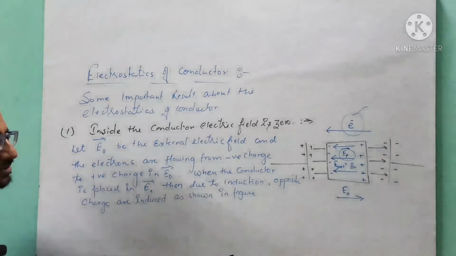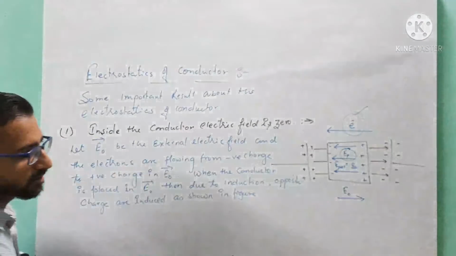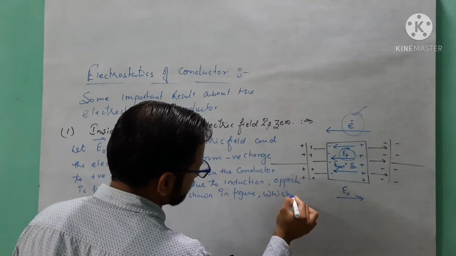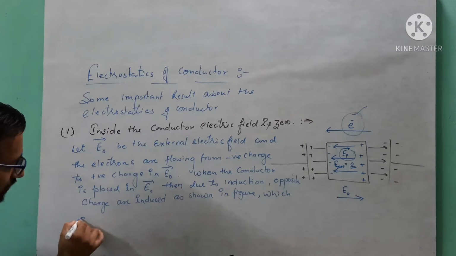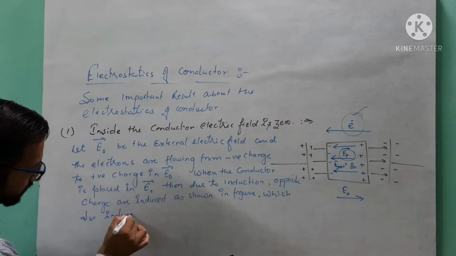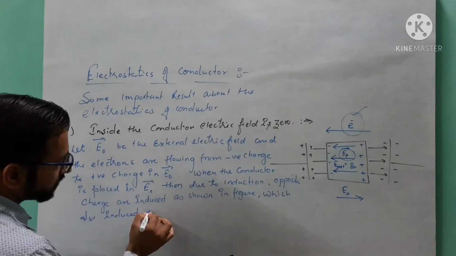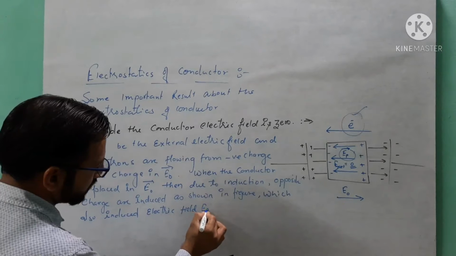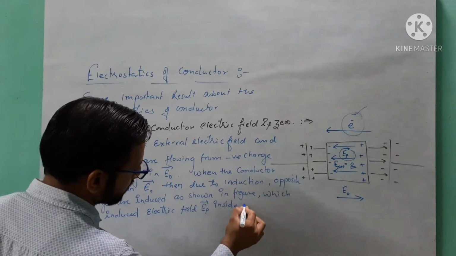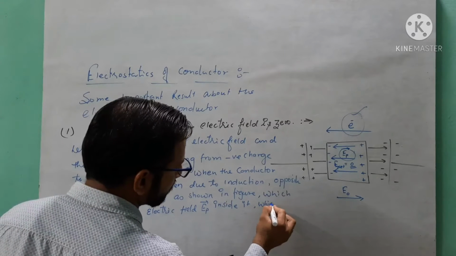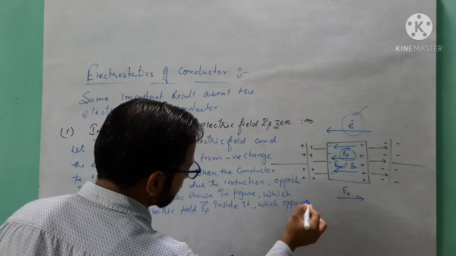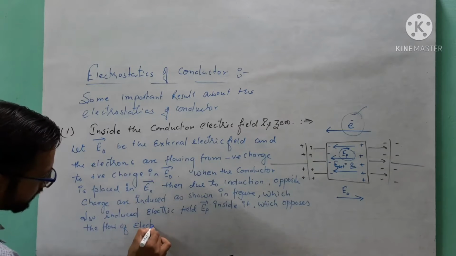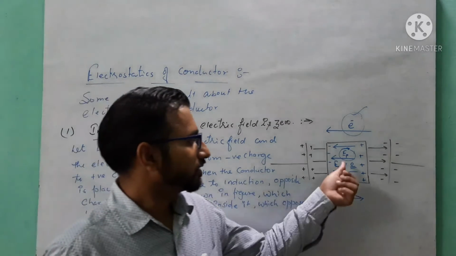Clear, student? So when opposite charges are induced as shown in the figure, from this side to this, they also produce an induced electric field EP inside the conductor, which opposes the flow of electrons.